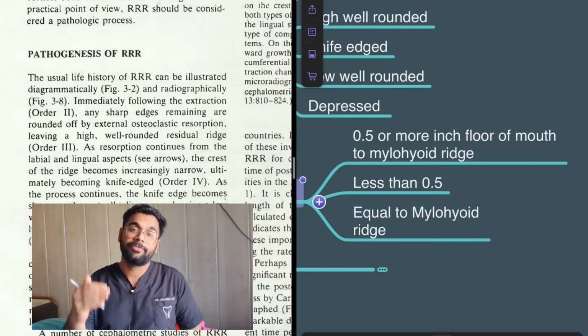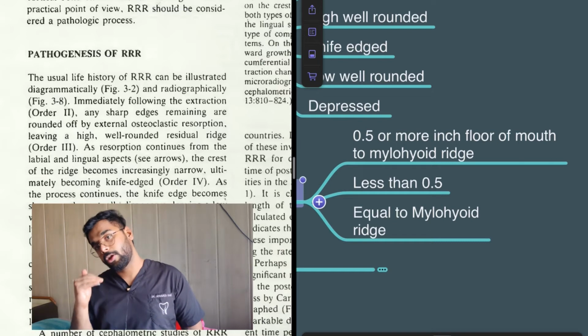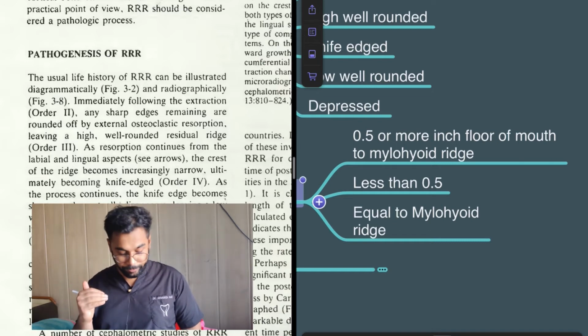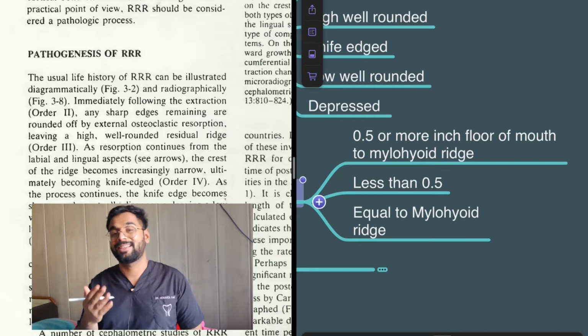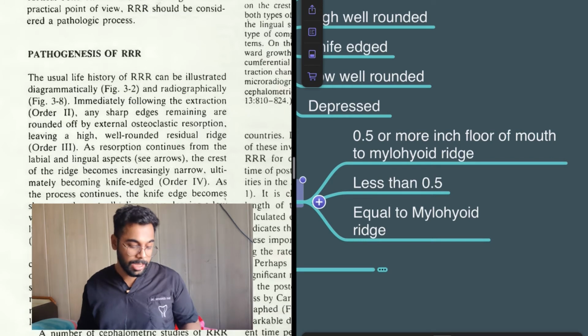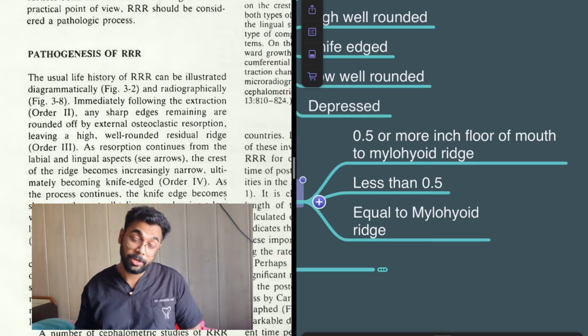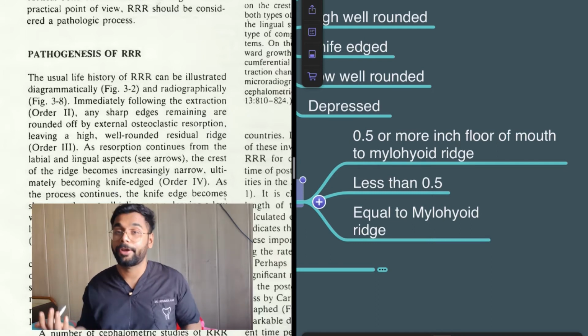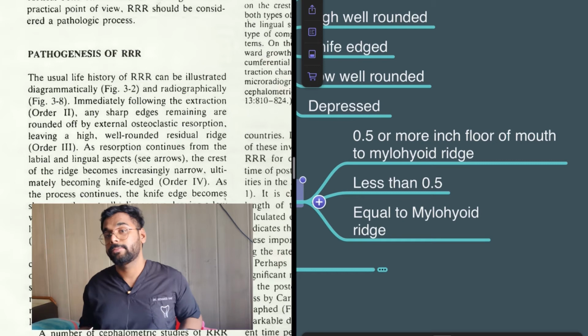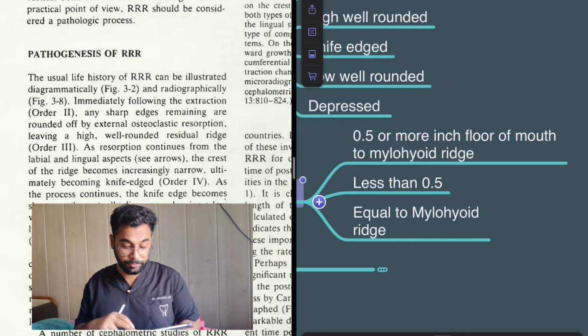If the distance from the floor of the mouth to the mylohyoid ridge in the mandible is 0.5 or more than that, then it is class 1. If it is less than 0.5, it is class 2. And when it is almost equal, we are talking about equal distance between the floor of the mouth and the mylohyoid ridge, there we go, that is class 3.